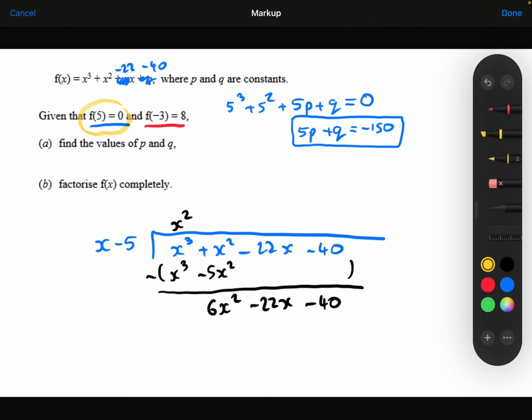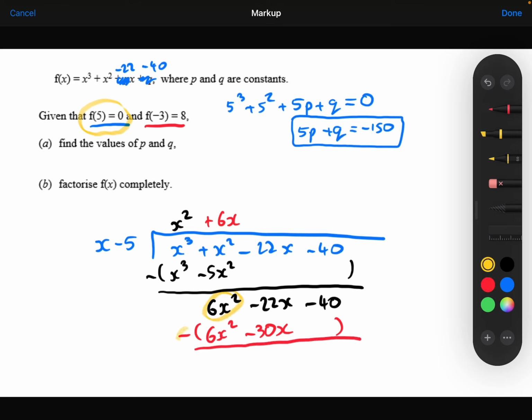Right, so we're going to repeat the process. So x into the 6x squared goes 6x times. The 6x times the x is the 6x squared. The 6x times the minus 5 is minus 30x. And we're going to take that away.